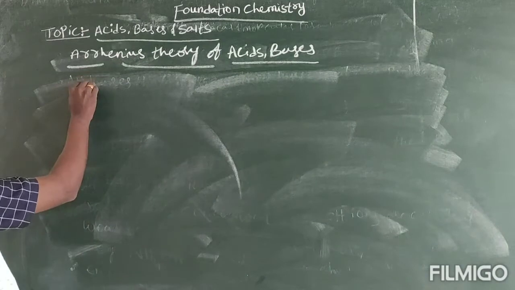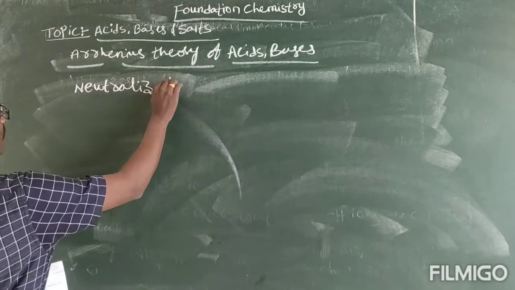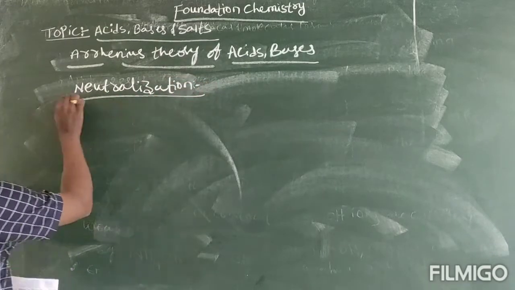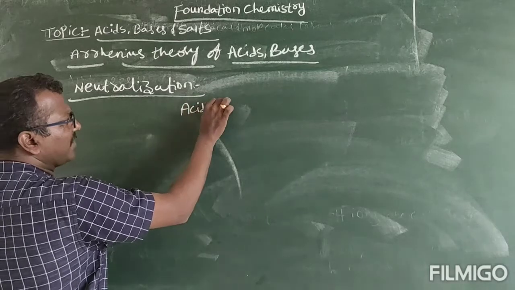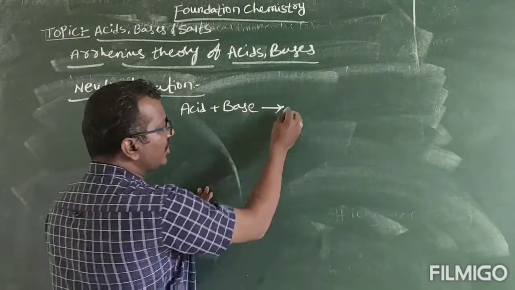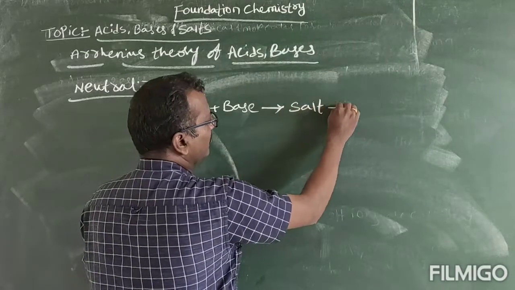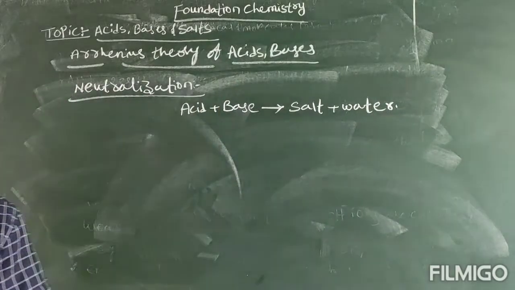We will see according to Arrhenius theory. So, what he has said means when an acid reacts with a base, they combine and produce salt and water. That is called as neutralization.